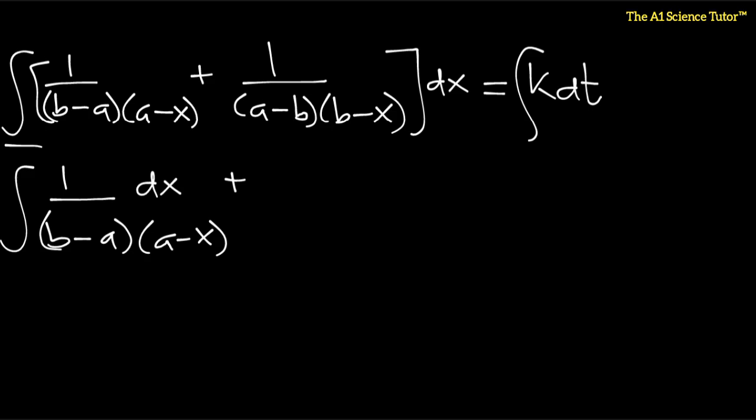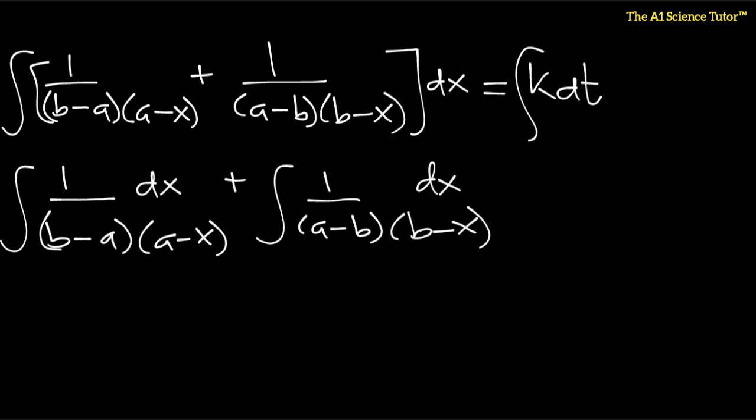So both this and this would actually be used to FOIL the brackets. Now this is going to be 1 divided by a minus b, and this will be b minus x. We also need to have dx there. So this will be integral, you have a k dt. Now this is what you need to know. I could actually change this to look like this.